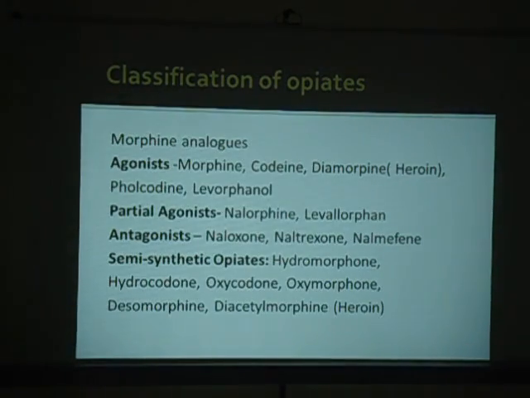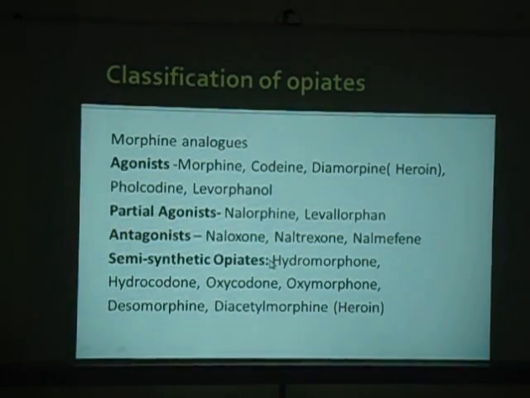Coming to the agents acting on opioid receptors, mu, kappa and delta, we have agonists, partial agonists, antagonists and semisynthetic opioids. Agonists include morphine, codeine and levorphanol. Partial agonists are nalorphine and levallorphan.